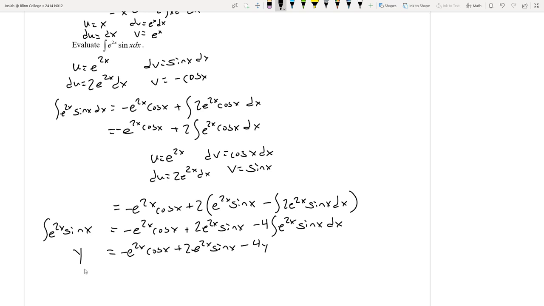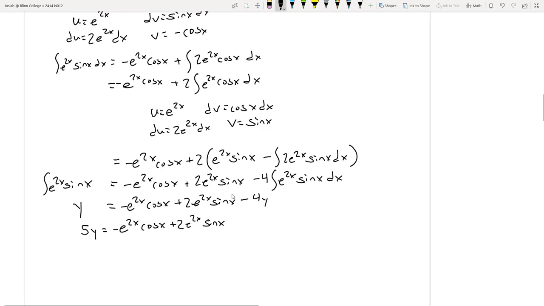So why don't we add and get 5y? And that's going to be our sort of trick for this type of problem. So once we get back the original integral again, we can treat it as a variable, add to both sides, then divide.